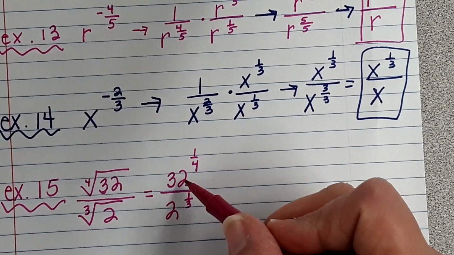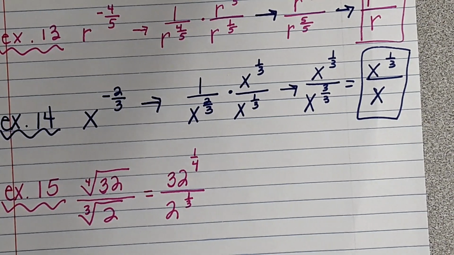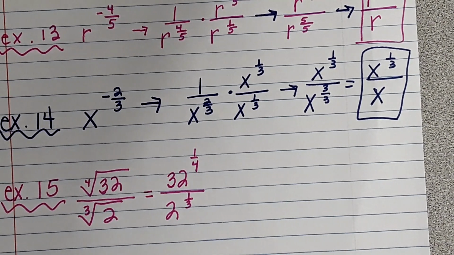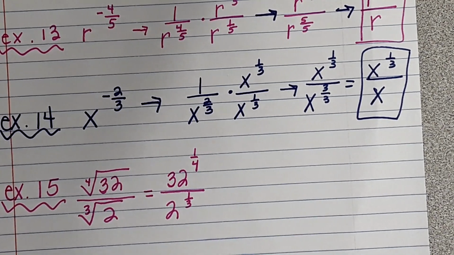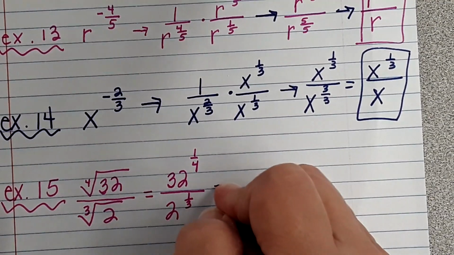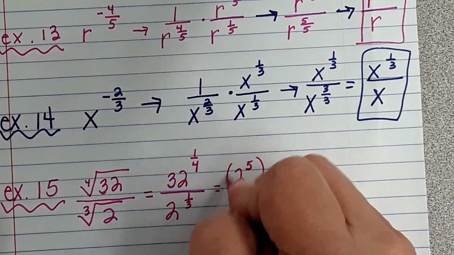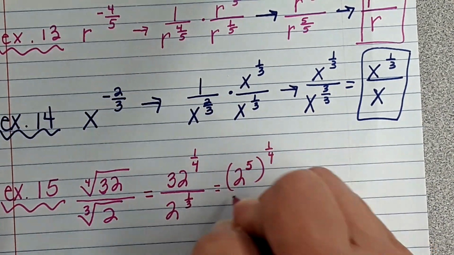Can I make a 32 into a 2? Like, can I raise 2 to a power to get 32? That's what I'm asking you. Yes. So I'm going to rewrite 32 as 2 to the 5th raised to the 1/4.